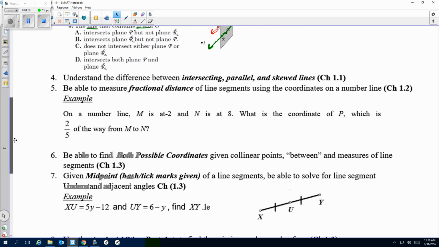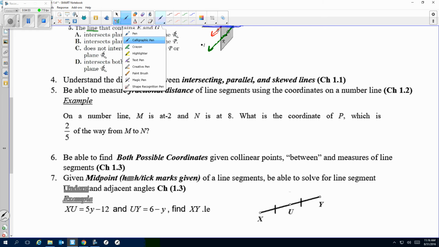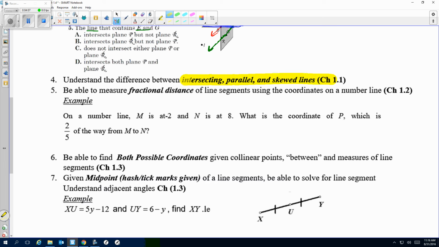All right, the next thing I'm going to check, you know the difference between intersecting, parallel, and skew, okay? If it's skew lines, it has 3 attributes, 3 facts. One, it never intersects. This is what we did with the Kleenex box activity with the straws. Y'all remember that? Okay, so they never intersect.